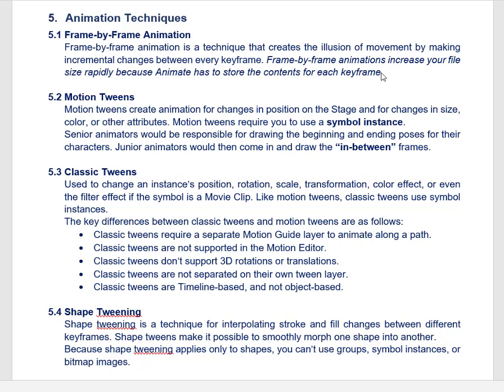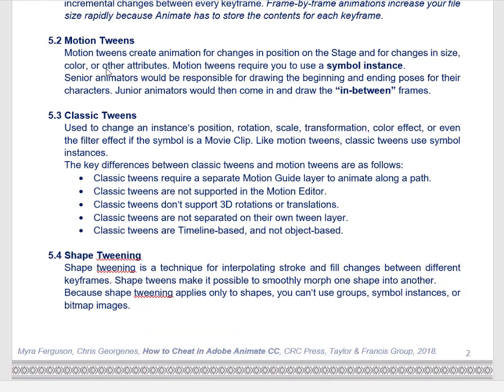Now the other animation technique we have here is called motion tween. Of course, this one will save your time compared with frame by frame animation, and this is a new technique in Adobe Animate. So instead of defining the location of the object in every frame, you can create a motion tween.